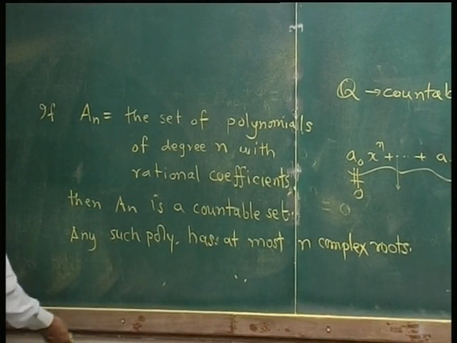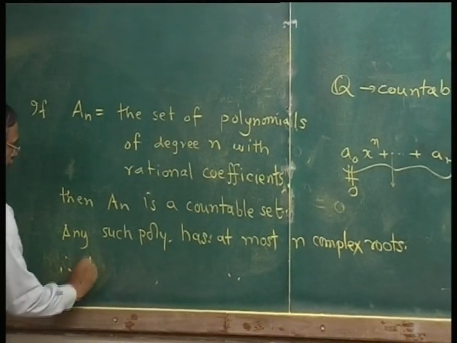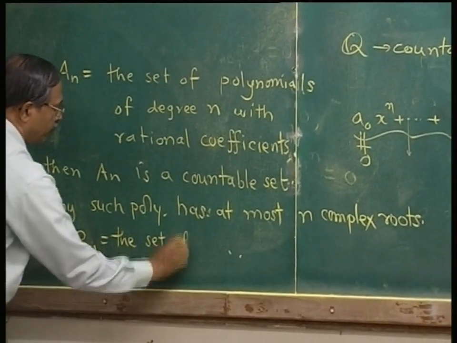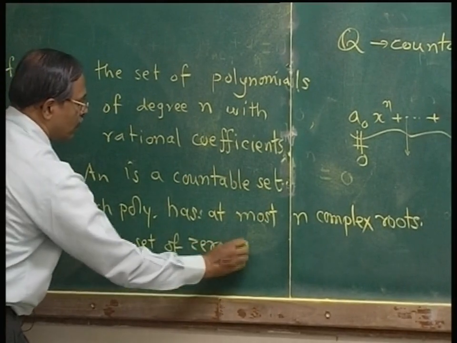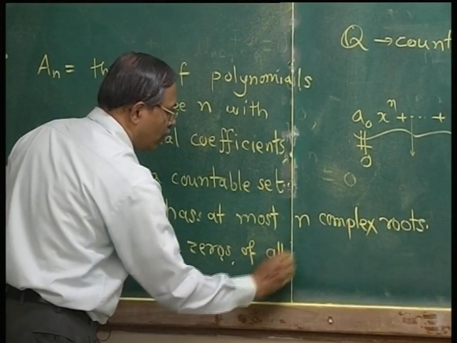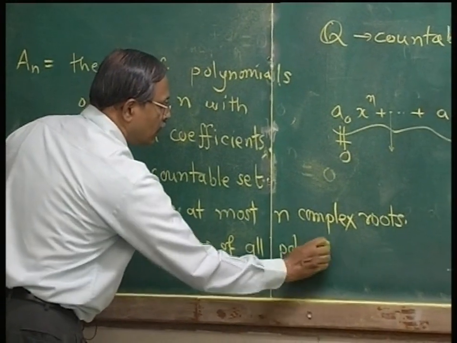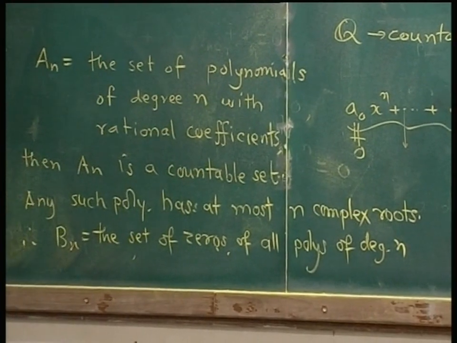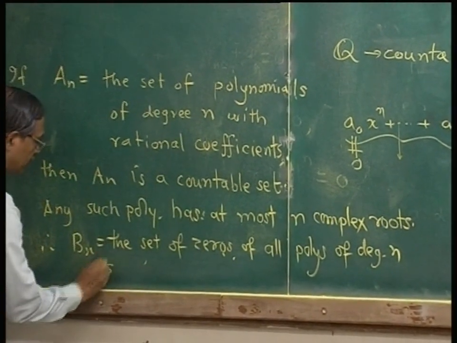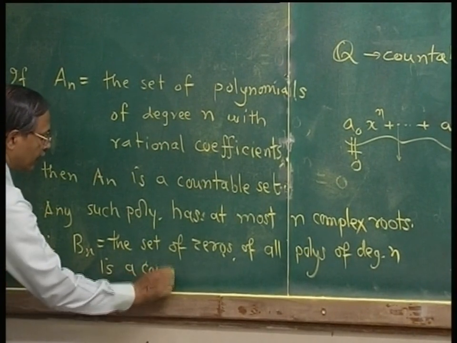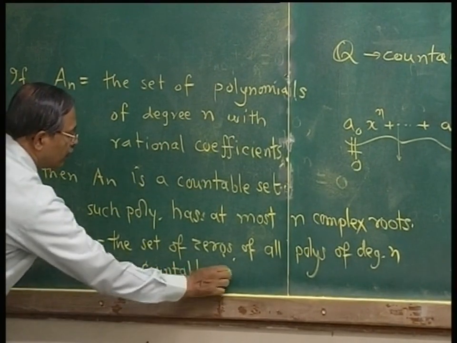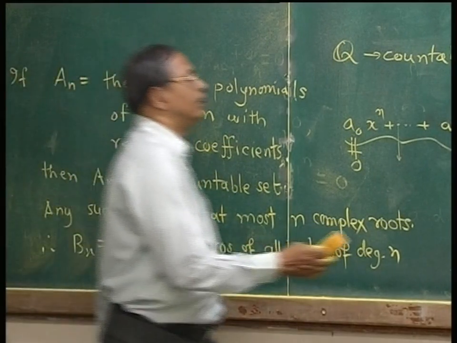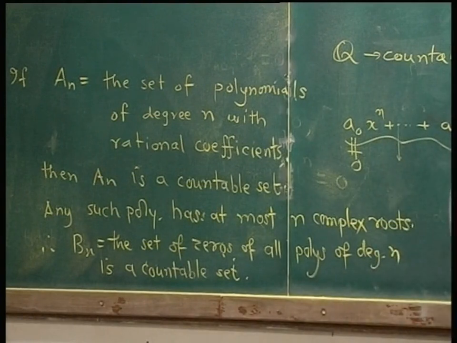So if you take Bn equal to the set of zeros of all polynomials of degree n, that is a countable set. Set of zeros of polynomials of degree n, that's a countable set.